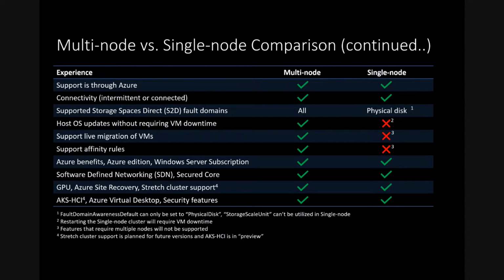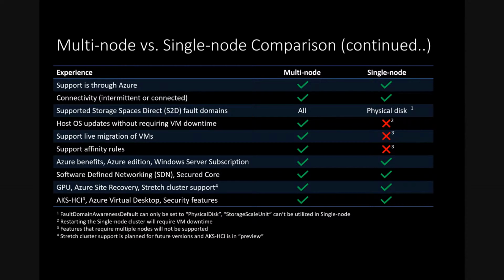Then there's stretch cluster, meaning one node on each side, which is planned for the future. It's not supported at the moment. AKS HCI is supported, but it's in preview mode. Those are the only two that are planned for the future.